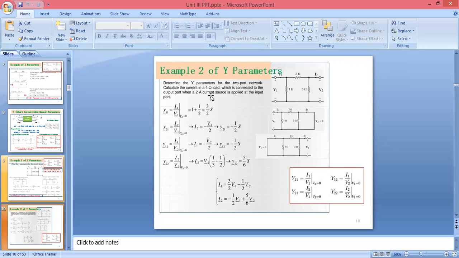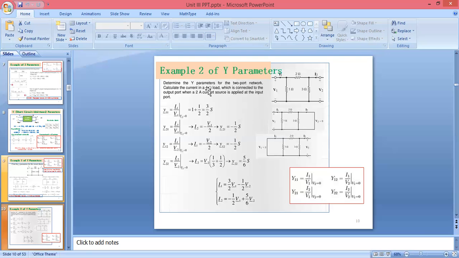Whenever 2 ampere is applied at the input port, meaning port 1, at that time we are supposed to calculate the value of the current flowing through the load resistor, and they have given the load resistor value as 4 ohm. So you can see that we are supposed to connect the load here, and the incoming current I they have given is 2 ampere.